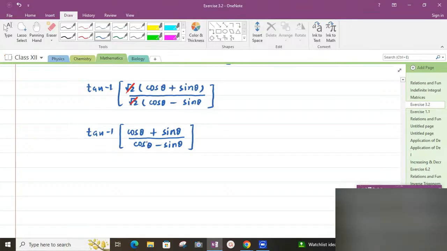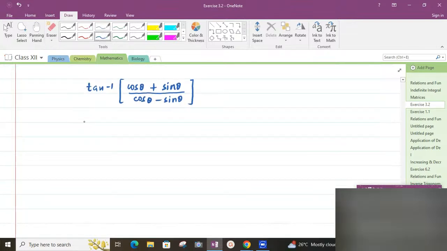Now dividing numerator and denominator by cos theta, then in the next step we get here tan inverse, cos theta divided by cos theta, then we get 1, and here will be plus sin theta by cos theta equal to tan theta, and here cos theta divided by cos theta, then we get here 1, and minus sin theta by cos theta equal to tan theta.